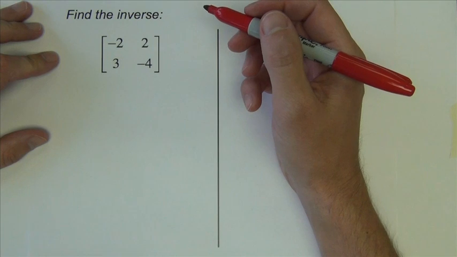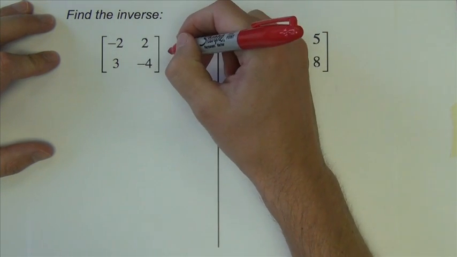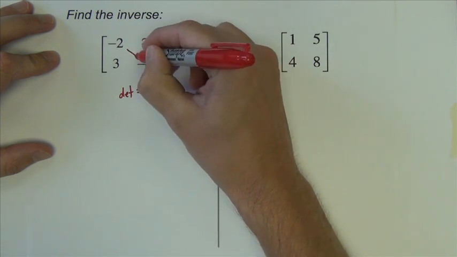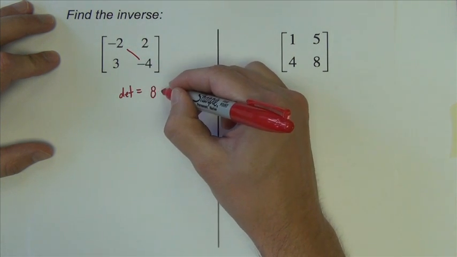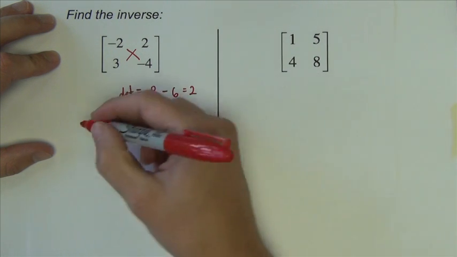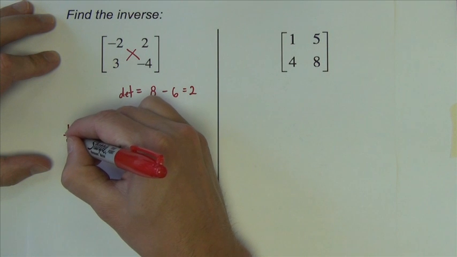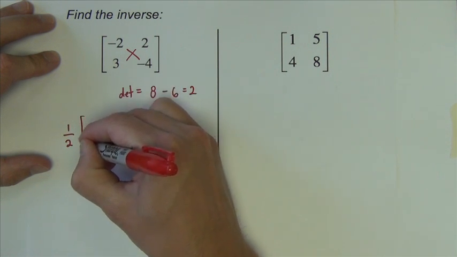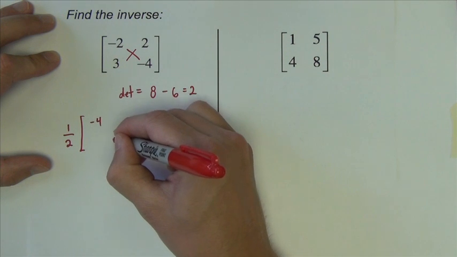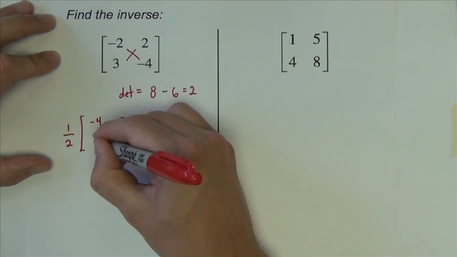Alright, when I find an inverse, the first thing I do is go ahead and find the determinant. The determinant of this matrix: I multiply, that's 8, minus, multiply, that's 6. The determinant is 2, so the inverse of this is going to be 1/2 times, these numbers I switch places, these numbers I switch signs.